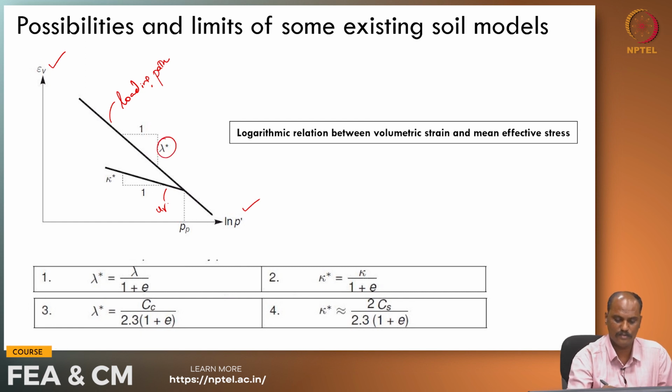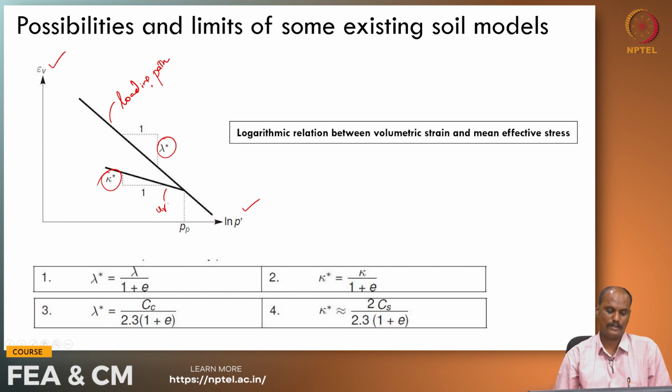Okay, so we have this lambda star and kappa star. So how do we compute this lambda star and kappa star? Lambda star is nothing but lambda divided by 1 plus e, and kappa star is nothing but kappa divided by 1 plus e, and we can easily compute this lambda star and kappa star if we know the compression index Cc and then the swelling index Cs.